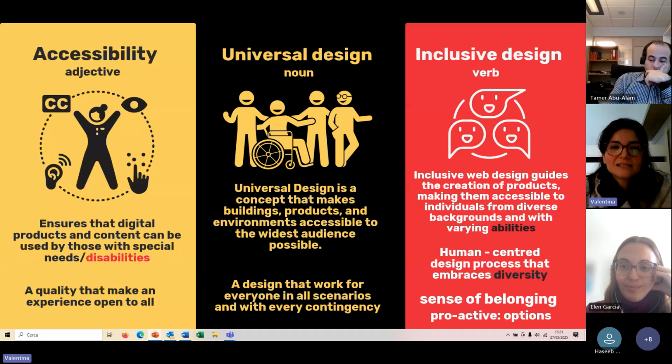It means that it's not just about considering the needs that people have, but also the abilities that people have, which may be different from ours.